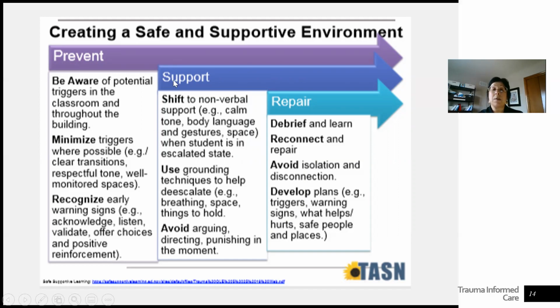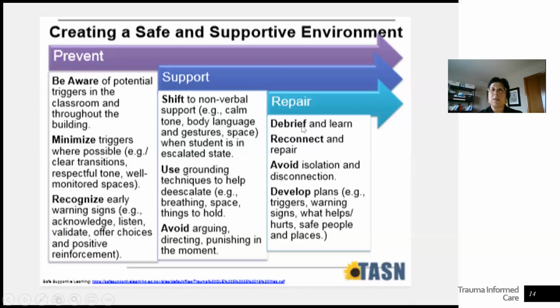And you're going to shift your thinking, instead of punishing and confronting them and being argumentative, to how you can support them. So you're shifting to nonverbal support. You're using de-escalating strategies. You're avoiding arguing.